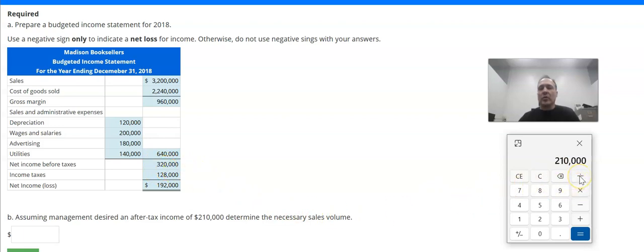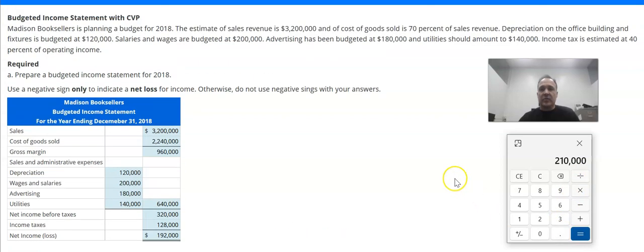So what I want to do is divide it by 1 minus the income tax rate. Income tax rate is 40%. So again, divide by 0.6. How do I get 0.6? 1 minus the income tax rate. So if we think about it, if I were to plot 350 right here and then multiply that by 40%, I would come up with 140,000.